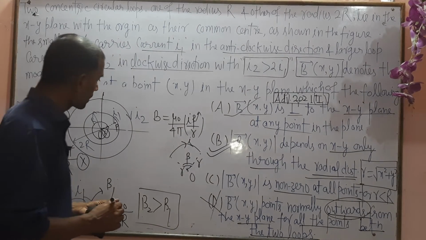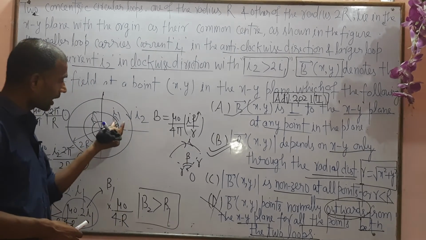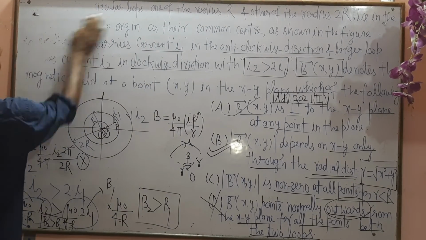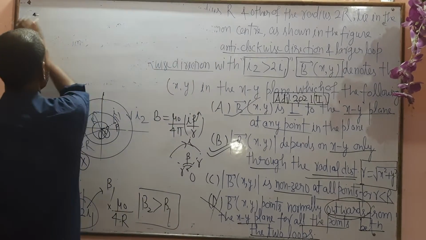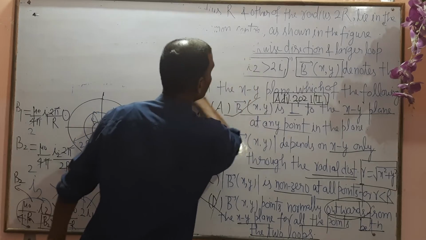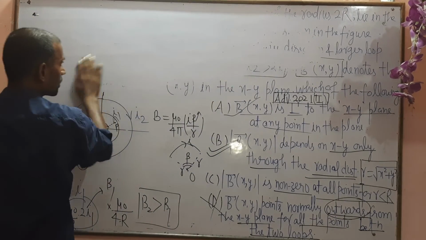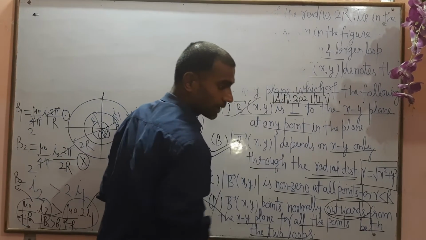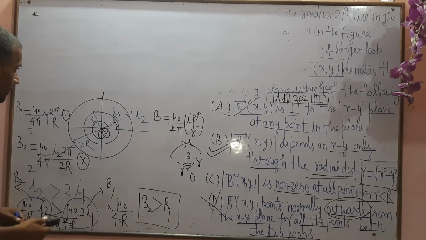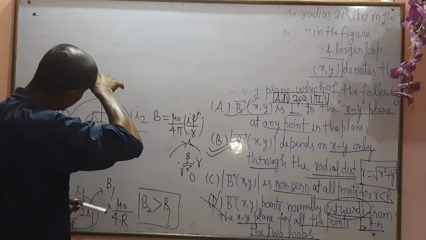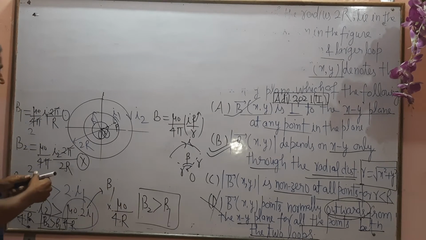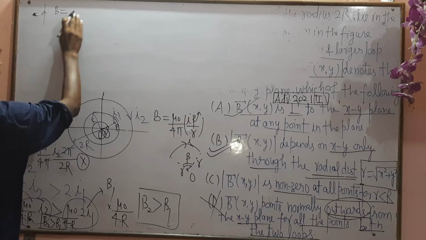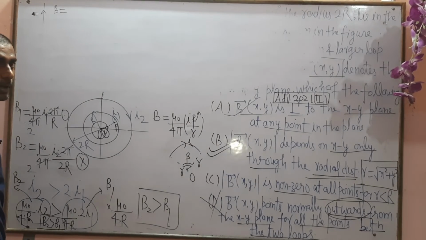Okay. Now find the magnetic field at point P. We know that the value of magnetic field will be mu naught by 4 pi into 2 I1 by R, as for a straight wire.